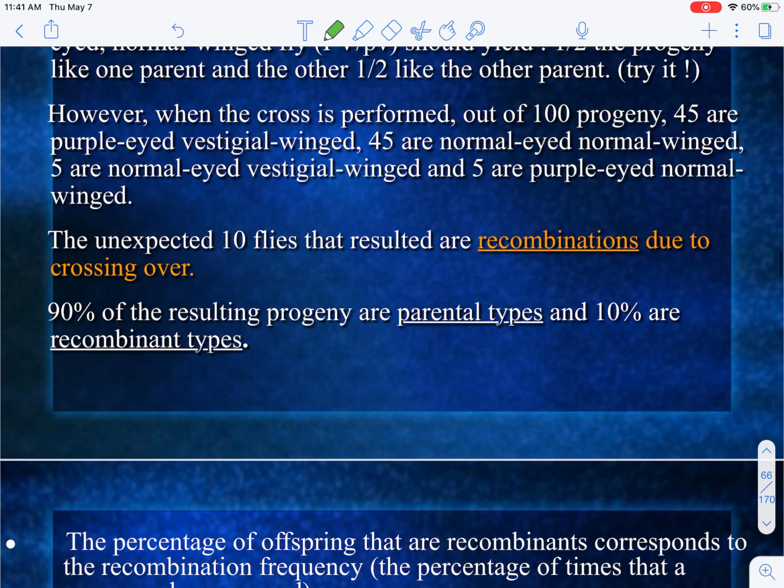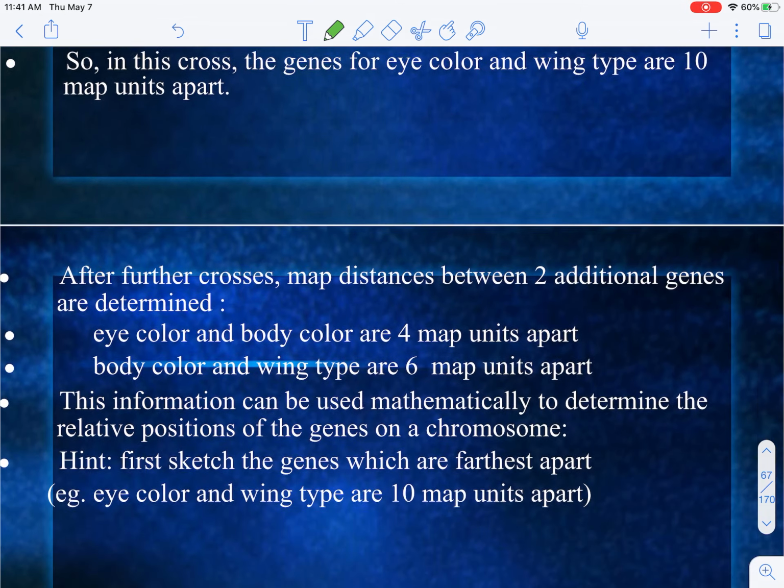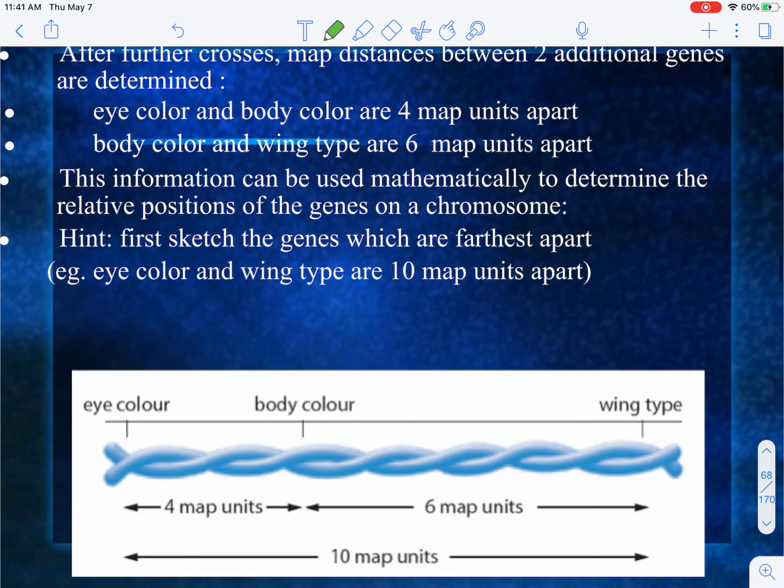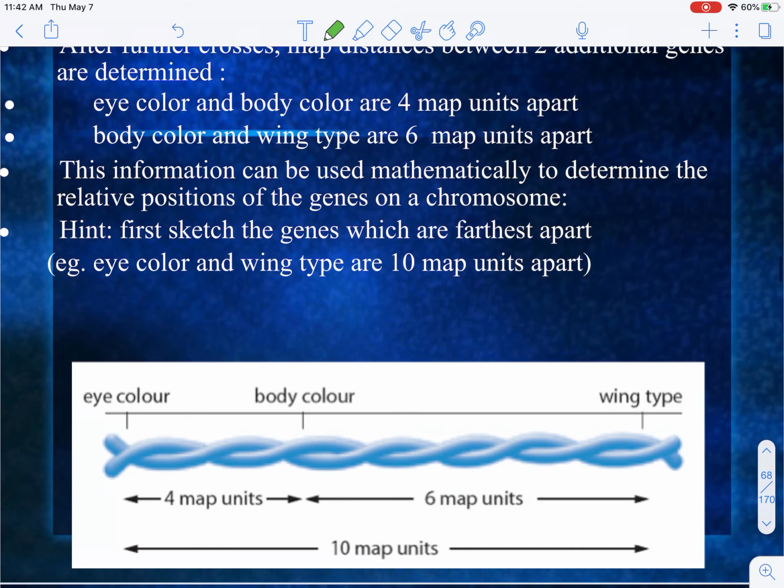So 10% of the time they are found to change their location, and that's because they're 10 map units apart. And we'll see how we do the examples on this, and it's not a very hard thing to do.